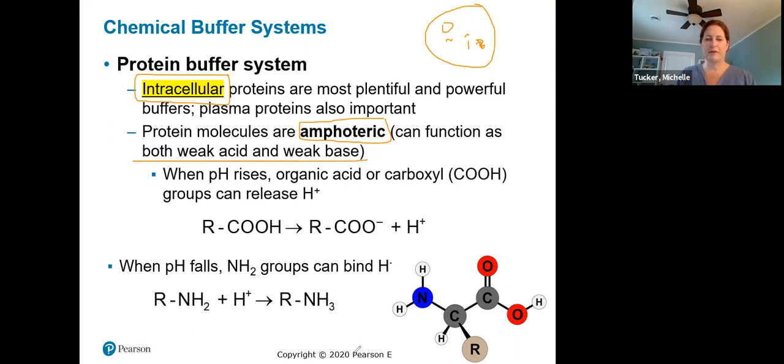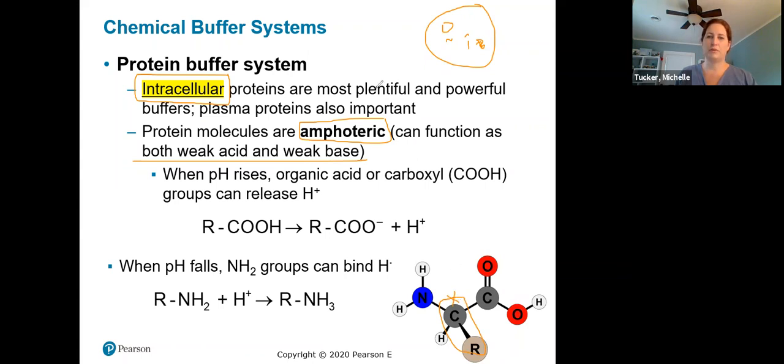Proteins are made up of kind of three areas. We have our R group that gives a protein its unique characteristics. Is it going to be acidic? Is it going to be basic? Is it going to be polar, non-polar? But it does not play a role in the buffering system.